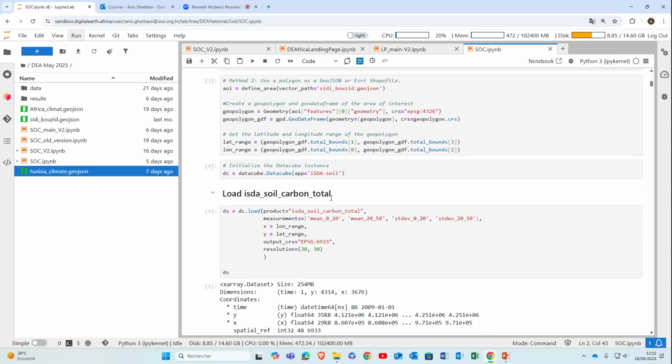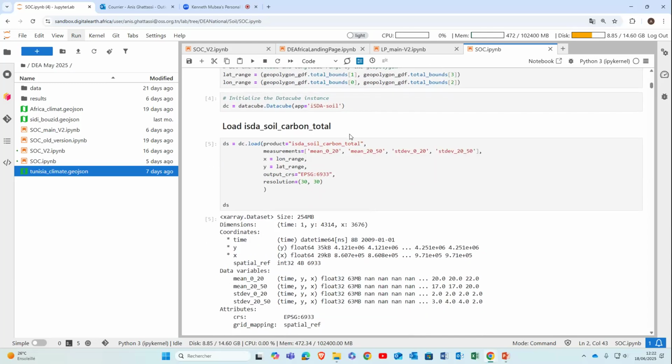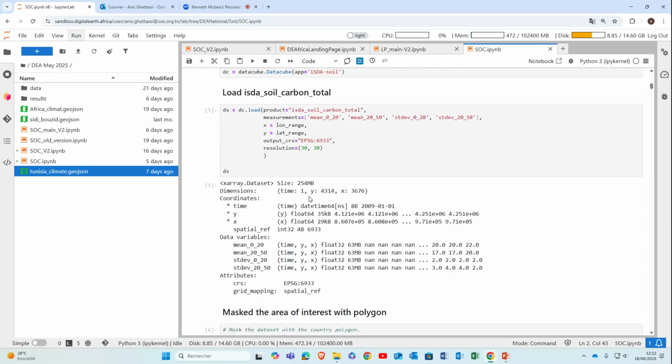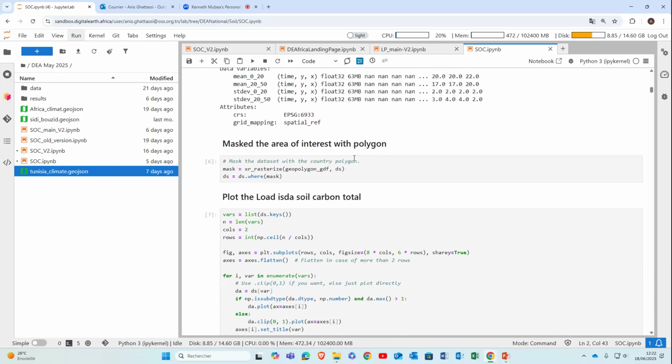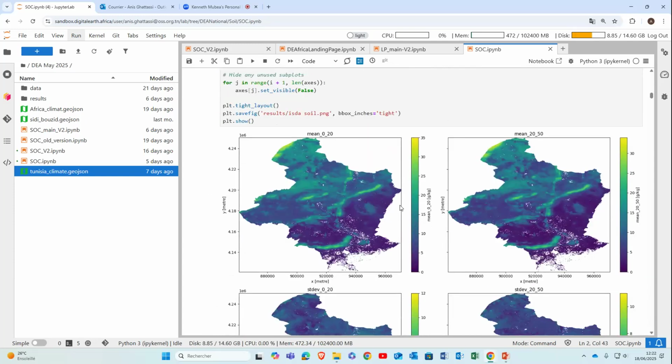For this notebook, after importing or uploading the GeoJSON files relevant to these sub-indicators, we initialized the data cube, and then did some calculation here to convert the data, because here we have special data relevant to the organic carbon.